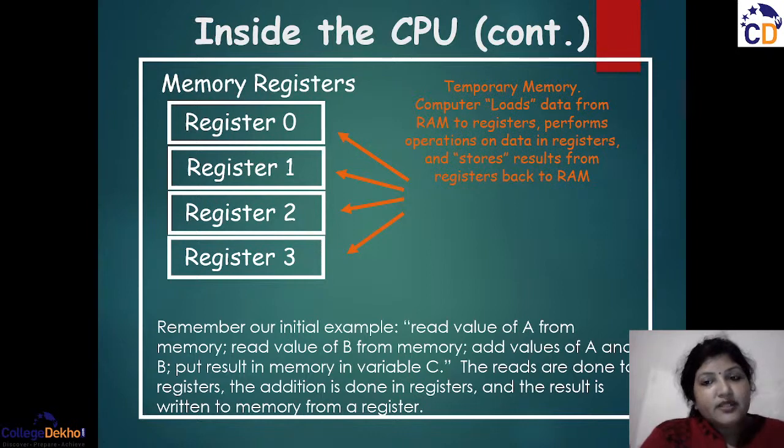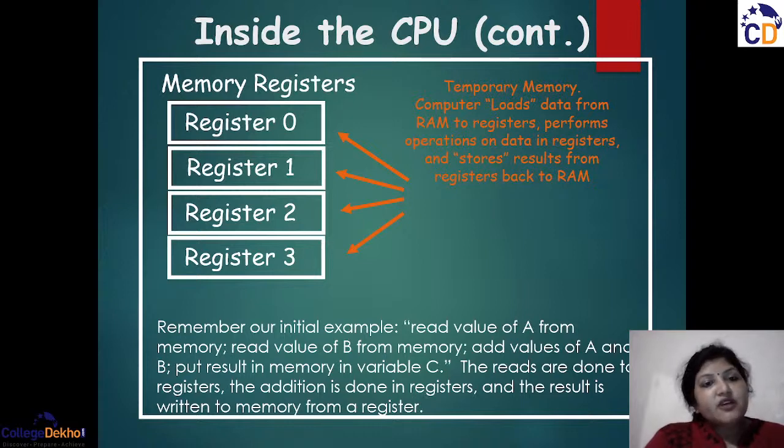Now the operations on data are performed in registers, and it always stores the result from the registers, and then when it gets the result it stores it back to the RAM itself.